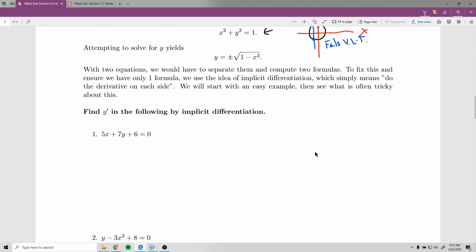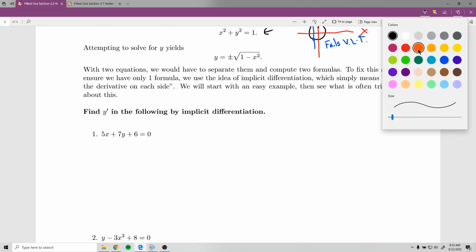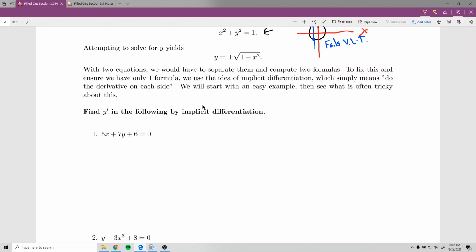All right, so what we'll do is start by working an example that could have been solved for y. So really, for this one, we can check our answer and make sure it makes sense. But the idea with implicit differentiation is very straightforward. And it really just means do the derivative of each side of your equation.